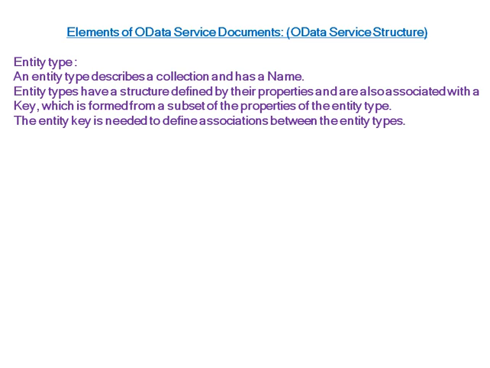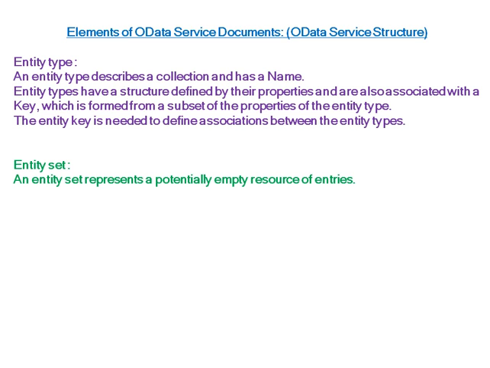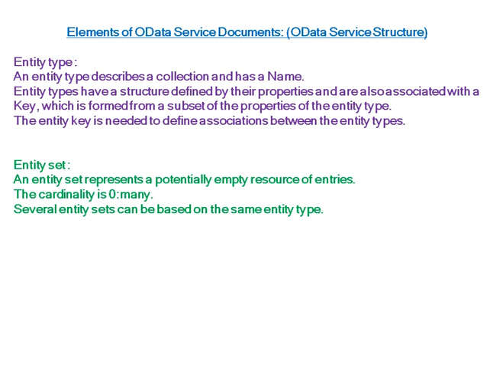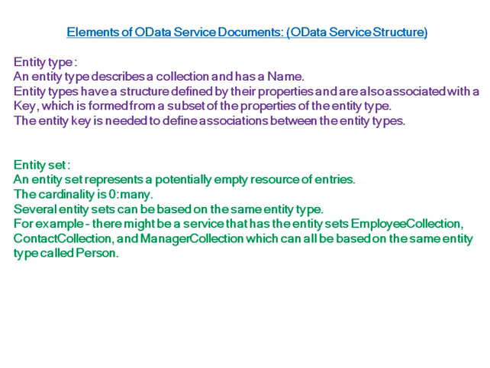The entity key is needed to define associations between the entity types. Entity set. An entity set represents a potentially empty resource of entries. The cardinality is 0 to many. Several entity sets can be based on the same entity type.